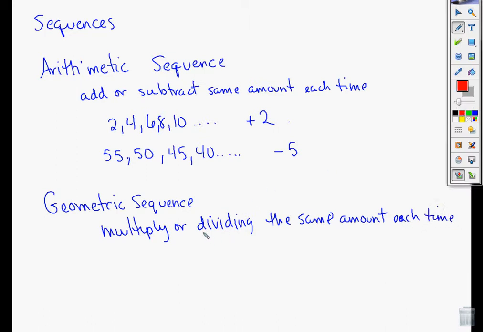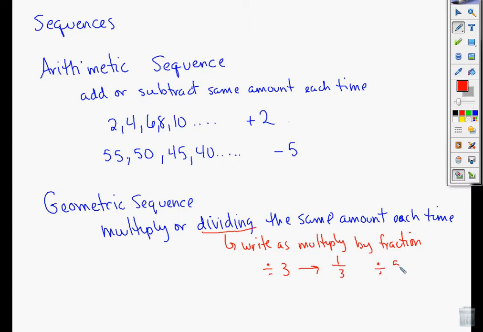Okay, and division is actually, you don't write it as division, you write it as multiplying by a fraction. So instead of saying I'm dividing by 3, it would be written as 1 over 3.